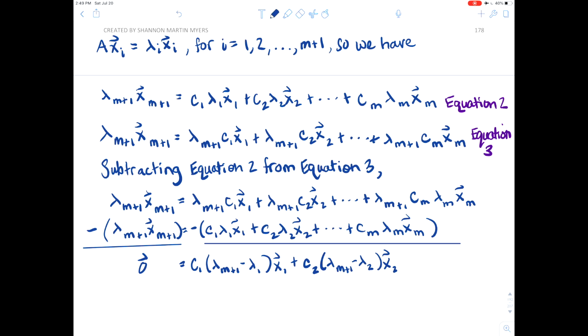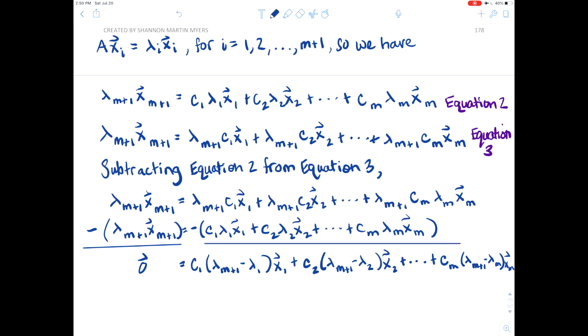And then it'll continue in that manner till we get to cm times lambda m plus 1 minus lambda m times xm.